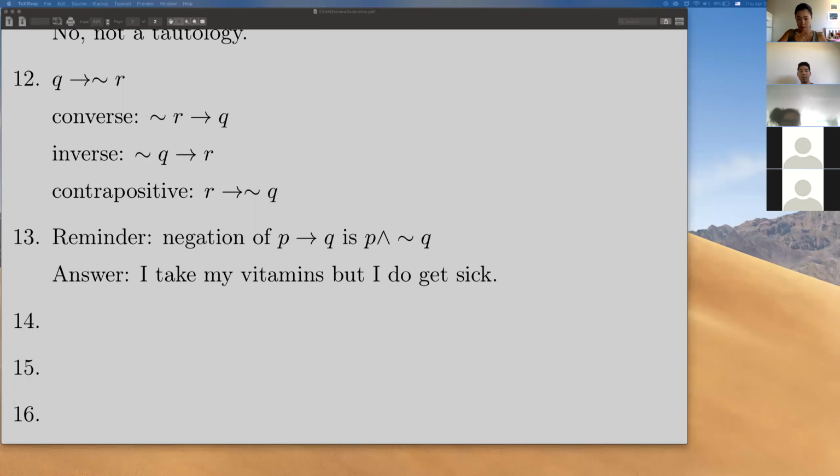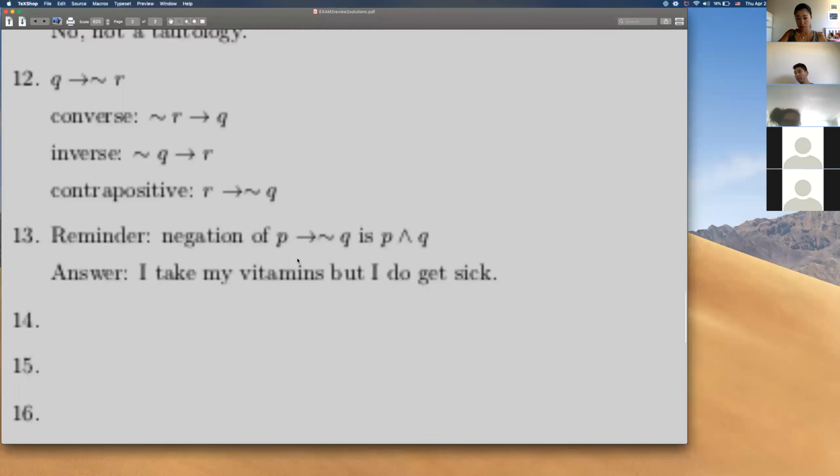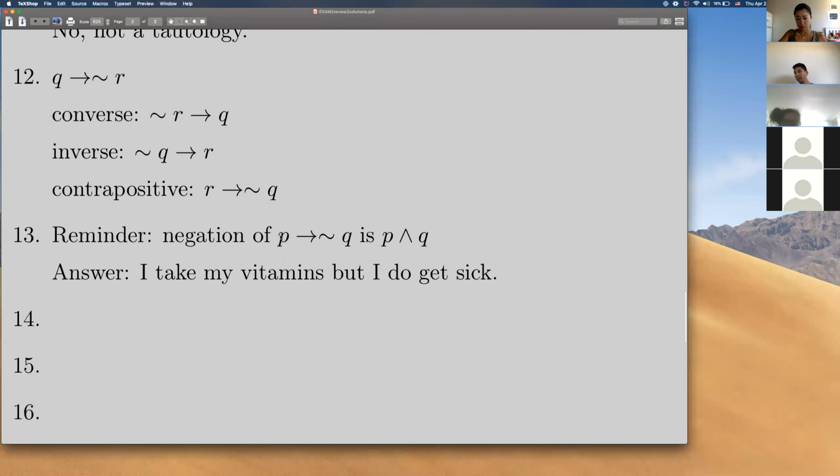Like the question says, I don't get sick. So in our version, it would be if I take my vitamins, then I don't get sick. If Q is I get sick, the negation would be I take my vitamins, P, and I do get sick, Q. Negation of not Q.